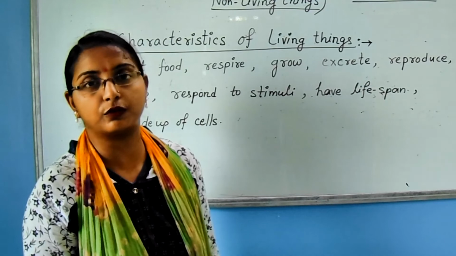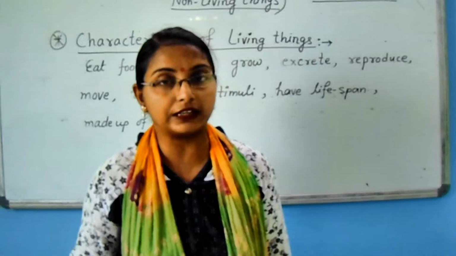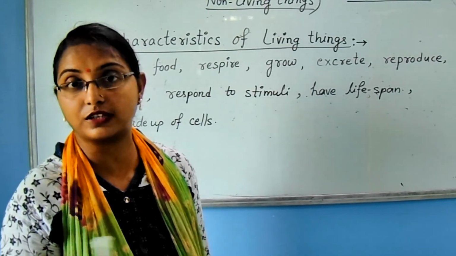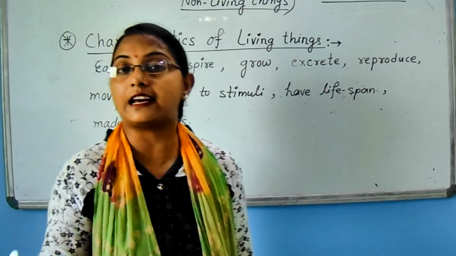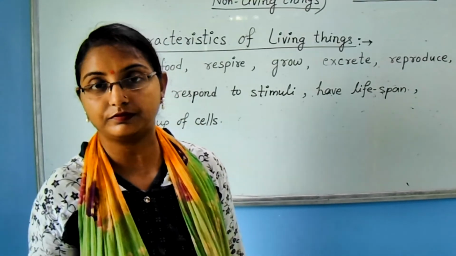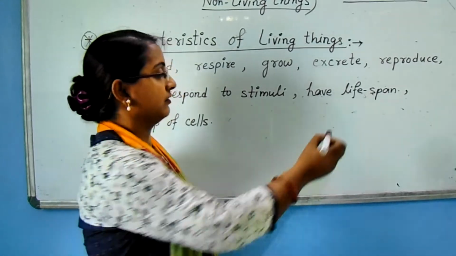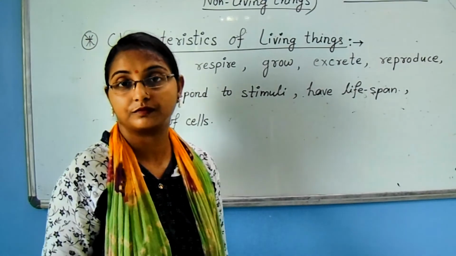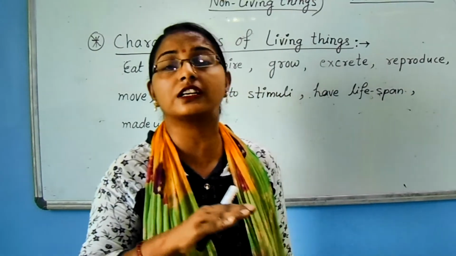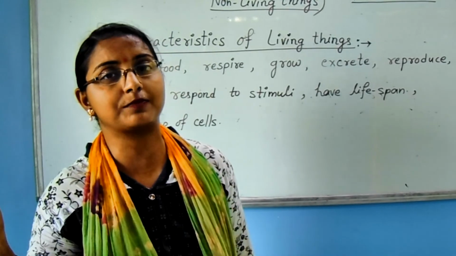Animals or human beings get their food from plants, but plants can make their food by themselves. That is called photosynthesis. Human beings and animals can move, but plants cannot move. And so on. Like their lifespan: animals and human beings show a definite lifespan, but plants grow throughout their lifespan.